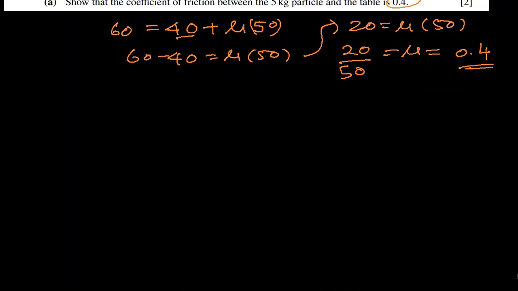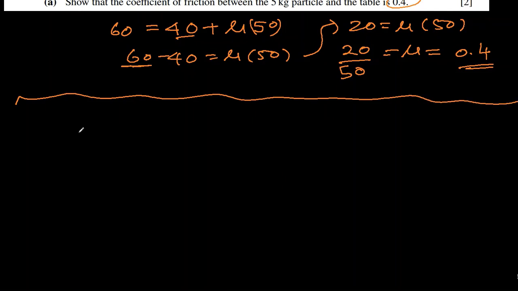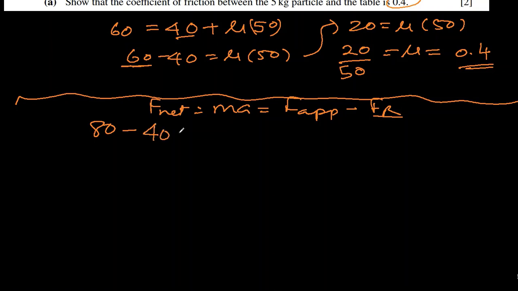Let's focus on the new system, which in place of 60 becomes 80 newtons. We'll use this one now. F net is equal to mass times acceleration: applied force minus resistive force. So 80 newtons is the applied force, minus the resistive forces, which are 40 newtons, and then mu and 50.